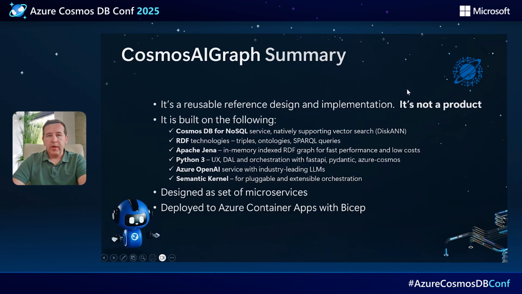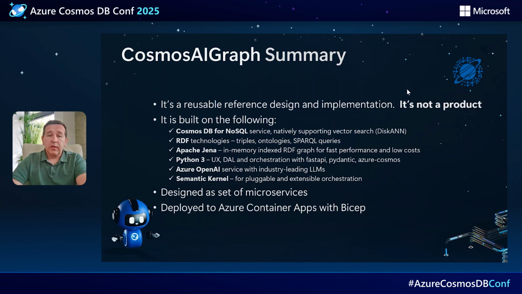All right, just to summarize, CosmosAIGraph is a reusable reference design and implementation of OmniRAG. It is not a product. It is built on the following: Azure Cosmos DB for NoSQL, because again, it provides a persistent store for the data and supports one of the best mechanisms for vector search on the market called DiskANN. We also utilize a number of RDF technologies, triples, ontologies, Sparkle queries within Apache Jena, which is our in-memory index RDF graph store.